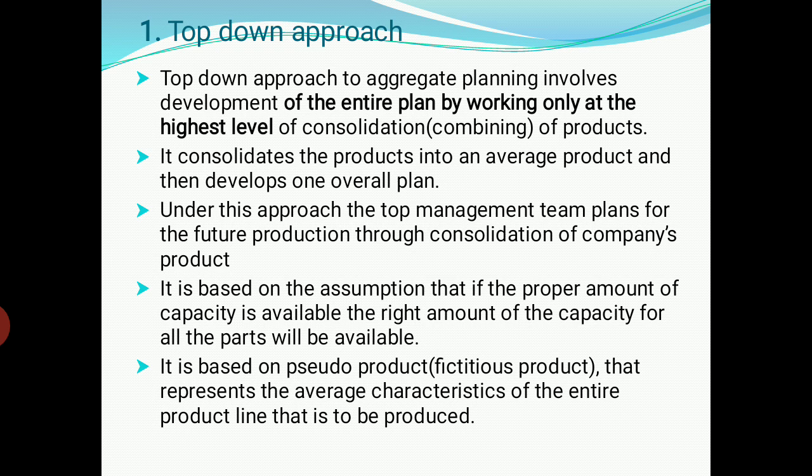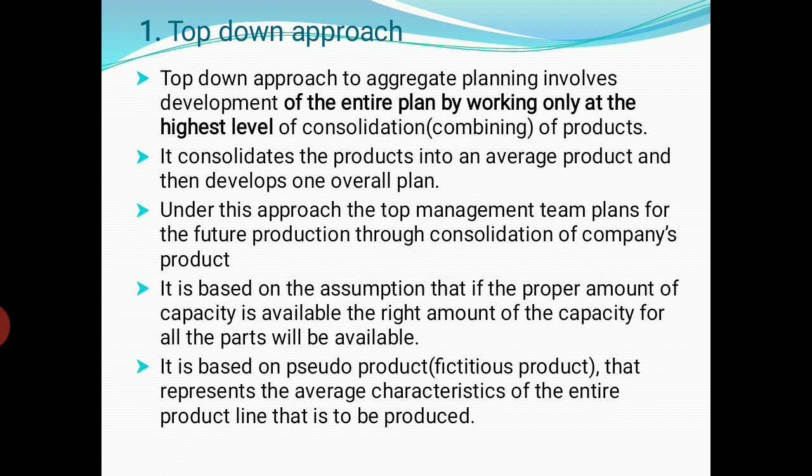When we try to strike a balance between whatever we have right now and whatever is expected by the customer, by making proper planning, it is known as aggregate planning, right? Now how can that be done? For that there are two approaches: top down approach and bottom up approach. First we are talking about the top down approach, right?